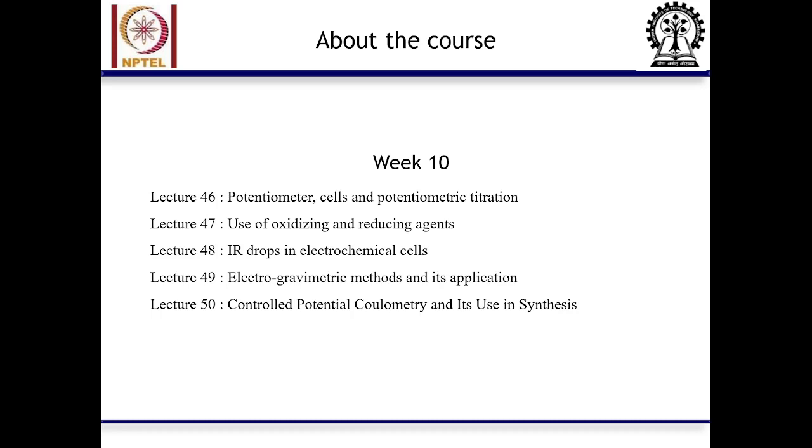In lecture number 47, he talked about different types of oxidizing and reducing agents. He also discussed the redox titration curve, taking iron 2 plus and cerium 4 plus titration, and also uranium 4 plus and cerium titration.